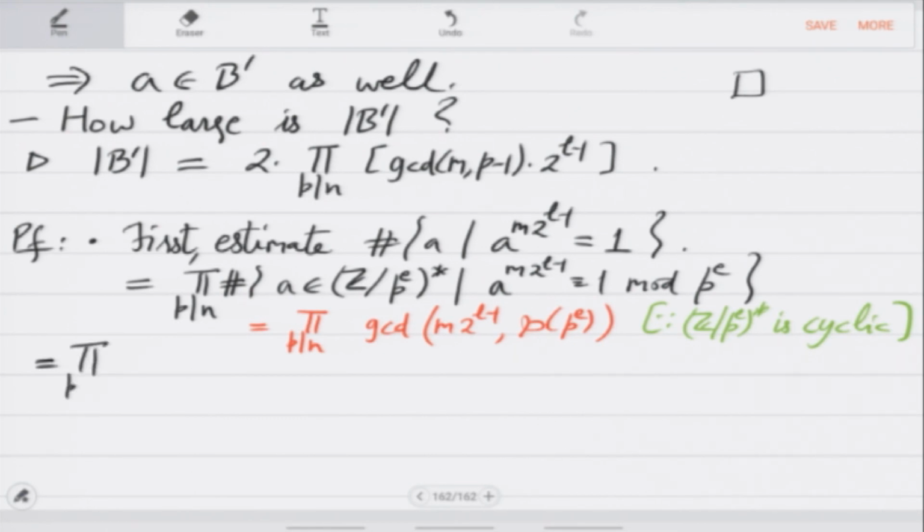So now we take the product over primes dividing n. So you get GCD of M2 raised to L minus 1 and P raised to E minus 1, P minus 1.